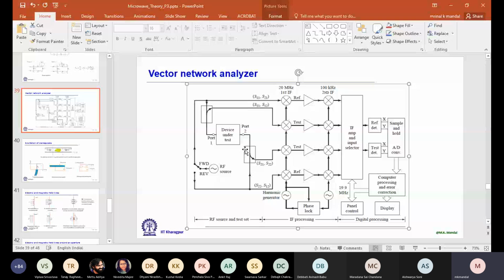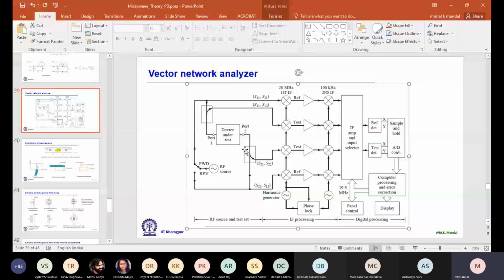So in that case, one mixer is not sufficient. You need at least two equations to find out the amplitude and the phase. That's why we need two mixers for two observation points. One is called the in-phase channel, another one is called the quadrature phase channel, I channel and Q channel. So the same thing applies here.